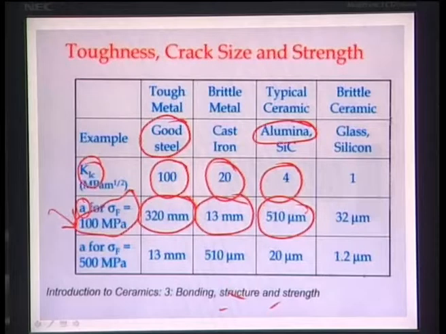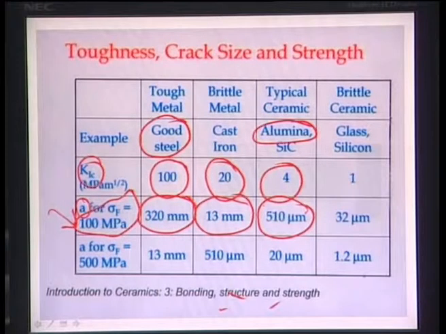So if your sample size is 3 millimeter or 4 millimeter or 10 millimeter, and the same sample has a K1C value of 4 and a fracture strength of 100 MPa, then you can see from this table that only 510 micrometer crack length can be tolerated. Anything larger than 510 will lead to unstable fracture propagation. Now, extremely brittle ceramic, for example glass.